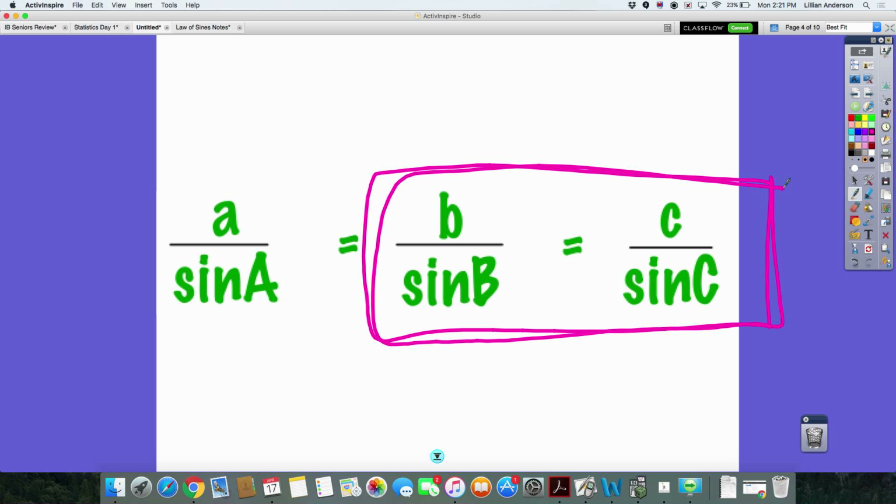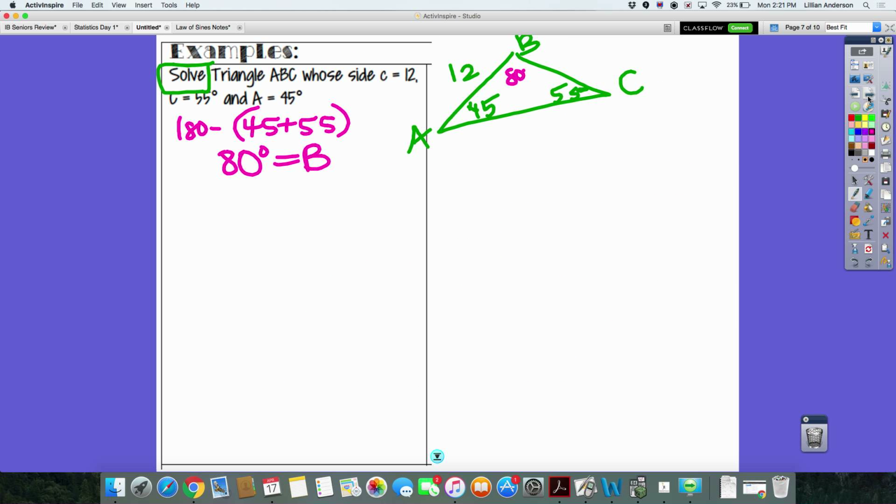We are going to be cross multiplying. Using that formula, it says B, which we don't know, over the sine of angle B, which is 80, set equal to side C, which is 12, divided by the sine of 55. This is how you set this up.